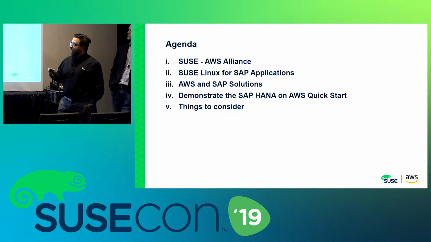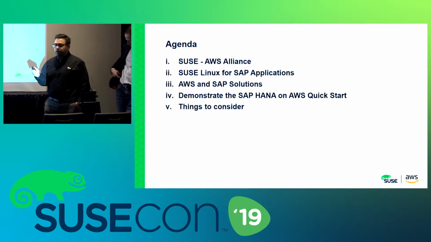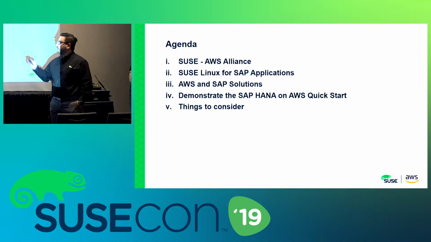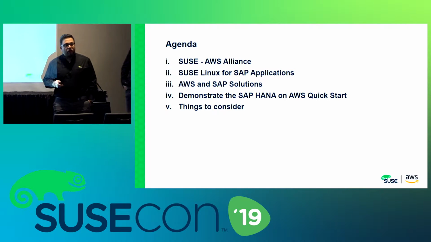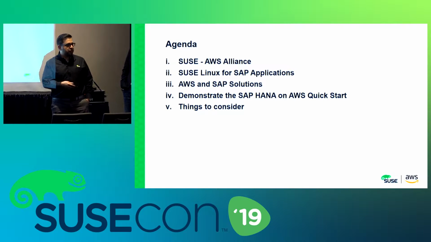We'll highlight what AWS is offering for SAP solutions, as well as demonstrate the SAP HANA on AWS QuickStart. We'll also wrap up with things to consider, just a couple of talking points on what we've seen to help customers eliminate some of the issues.